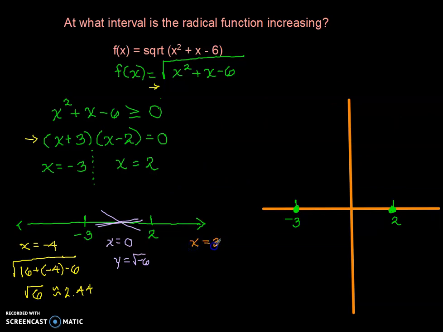And then finally, you're going to pick a number to the right of 2, which will keep it simple. We'll go with 3, and we'll replace it into, I'm going to go with the factored form this time. So let's go with 3 plus 3 times 3 minus 2, and that will give you 6 times 1, which is the square root of 6, which is approximately, again, 2.44.